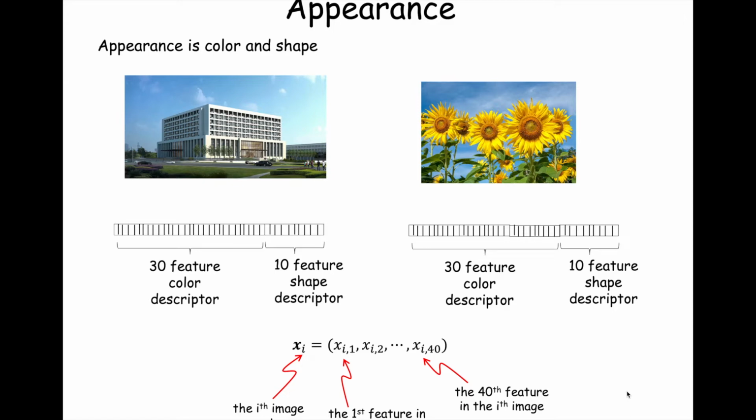So you'd have x sub i3, x sub i4, x sub i5, up to and including x sub i40, which is the 40th and last feature. And so that x sub i40 would be the bin count for this last position in the 40 vector. x sub i1 would be the bin count for the first position in this feature vector. Does that make sense? Any questions about this?